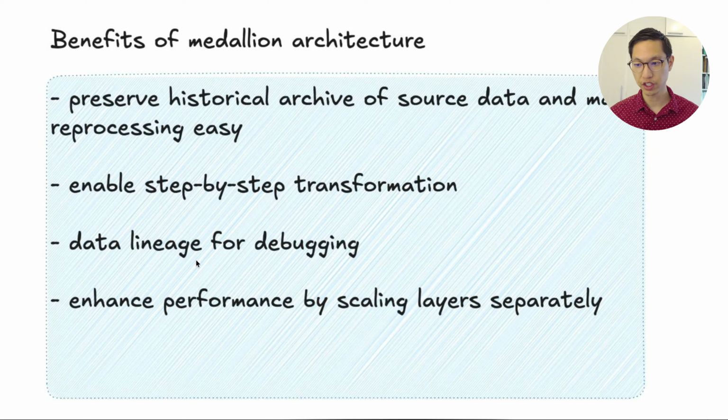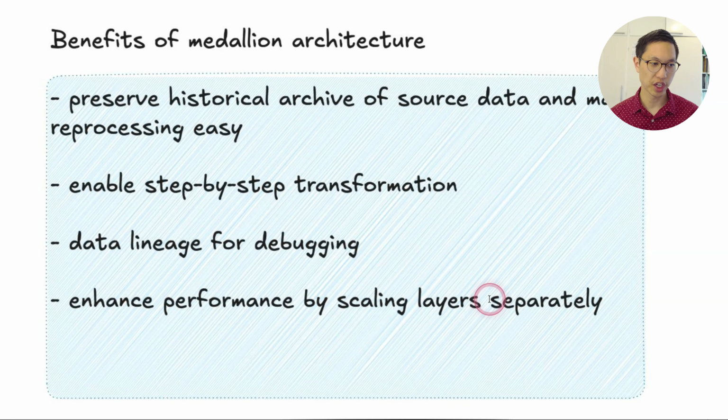Whenever there are issues, you see what type of transformations have happened to the data, so it's not a surprise that we got transformed data. When you have the lineage, you can go back and see it has been transformed from this source data, from this table, from this view, and these types of transformations have been applied. Also, it enhances performance by scaling layers separately.